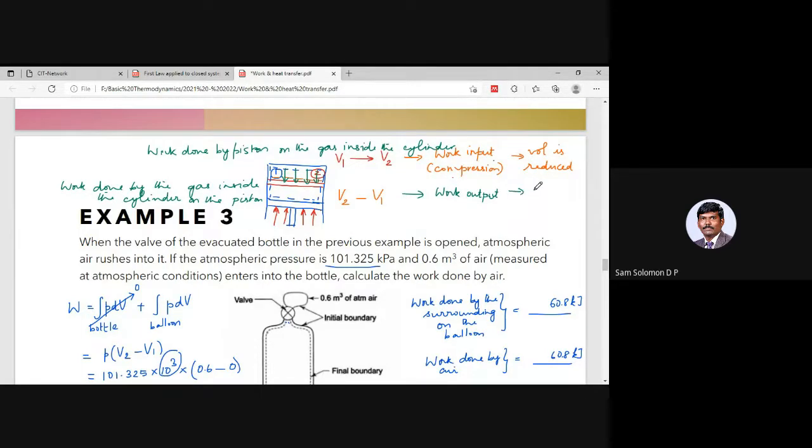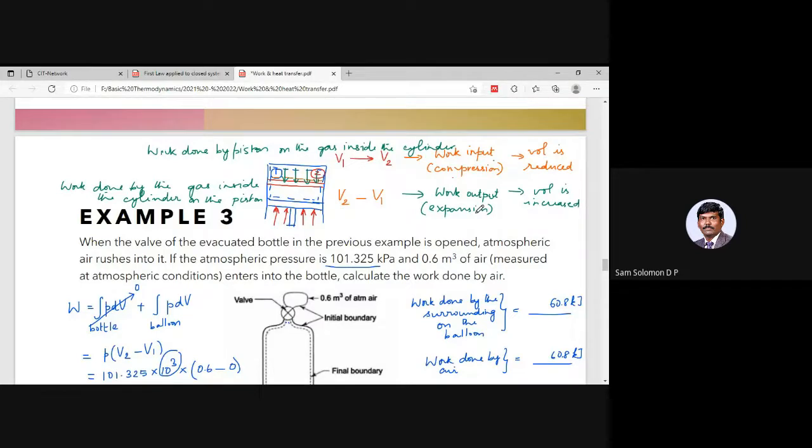In this case, volume is increased. Okay, hope you get it. So in case of work input, as a general sense, the volume is reduced. In case of work output, your volume is increased. In a sense, that would be an expansion process.